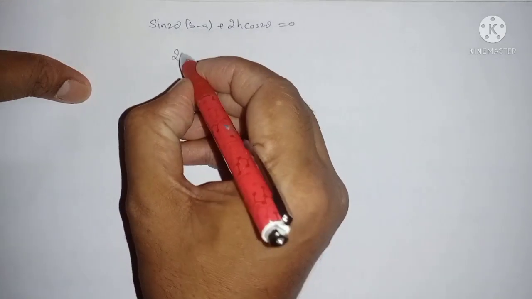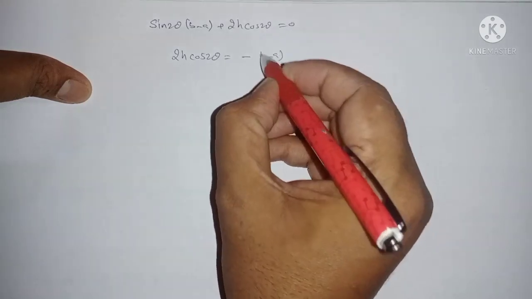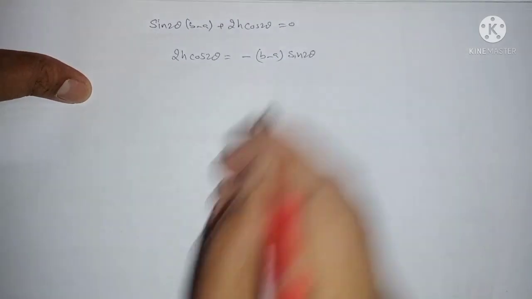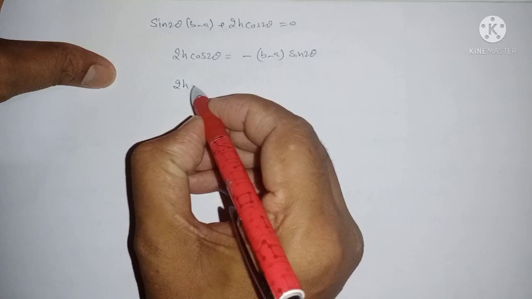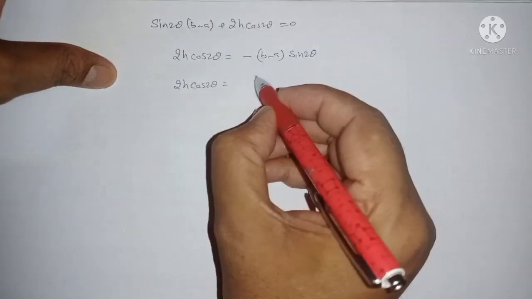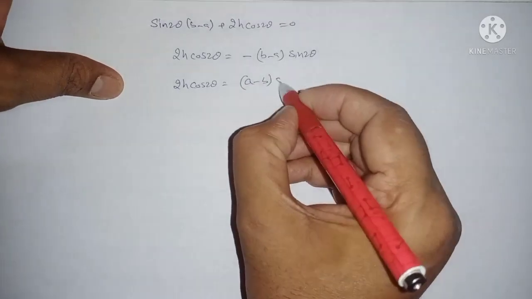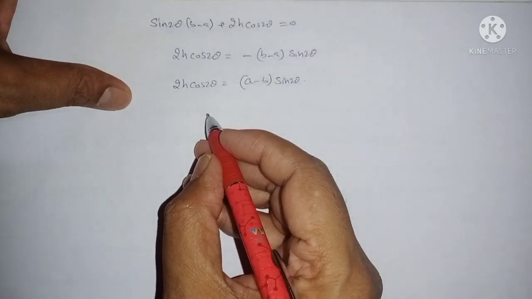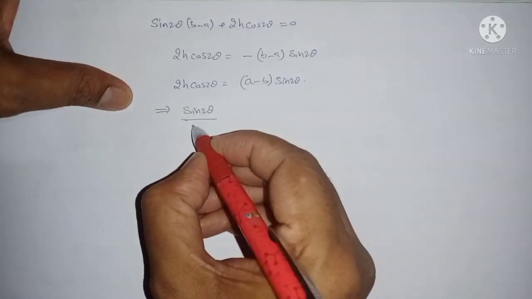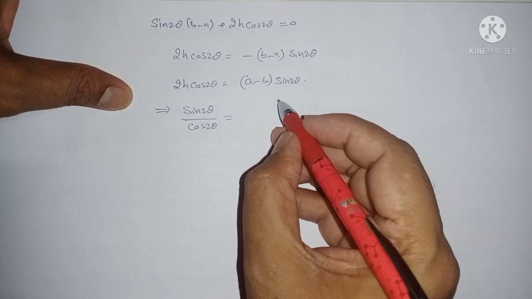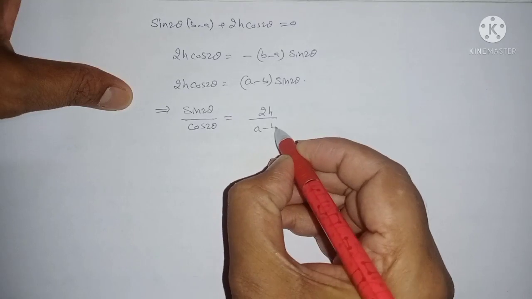I can write here 2h cos 2 theta is equal to minus of (b minus a) into sin 2 theta. Or I can multiply with minus, what happens is 2h cos 2 theta is equal to (a minus b) sin 2 theta. Or I can write here sin 2 theta by cos 2 theta is equal to 2h by (a minus b).